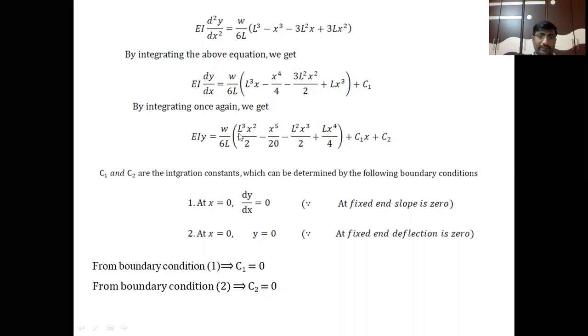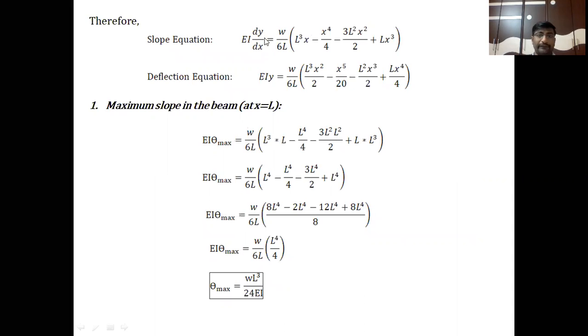Again I wrote this equation without c1 and c2. So EI dy by dx is equal to this equation, it is called the slope equation, and the final deflection equation without any constants. So c1, c2 are 0. If we get c1, c2 values other than 0, we must substitute at this place, c1, c2 values in the slope and deflection equations. Then we will write the final slope and deflection equations. Clear, students?